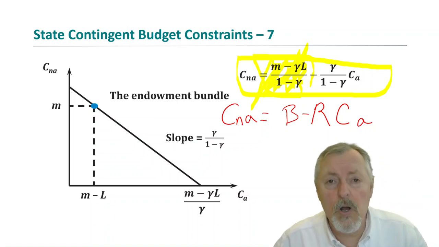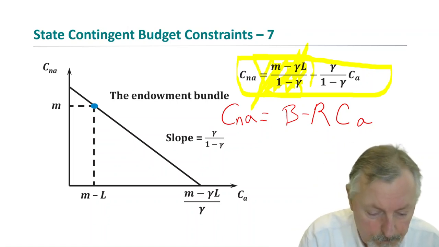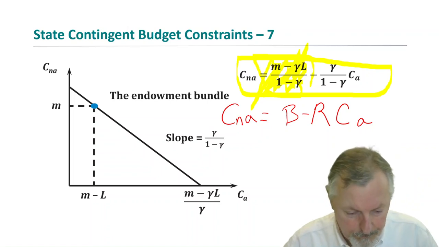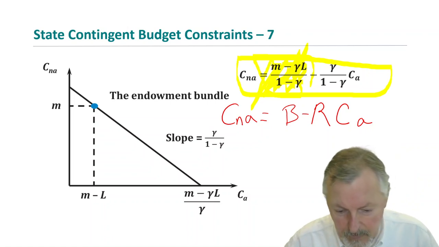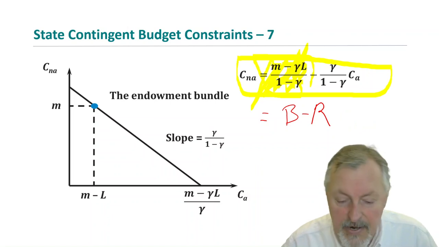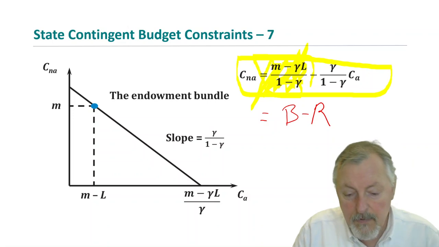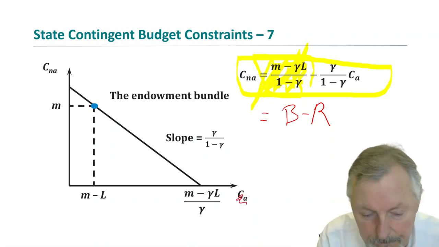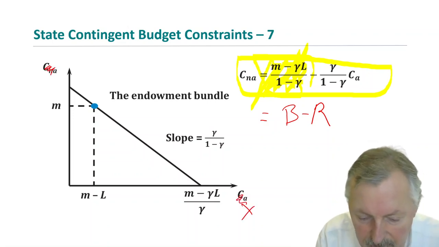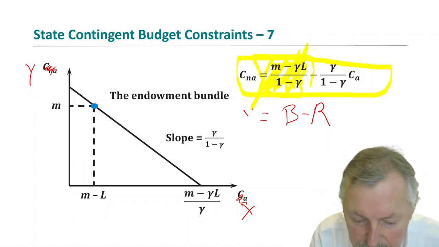I'm going to call them X and Y. Changing the name of a variable doesn't change its value, doesn't change the math. I don't like calling that CA, and I don't like CNA. So from now on, I'm going to call that X. I'm going to call that Y, which makes this.